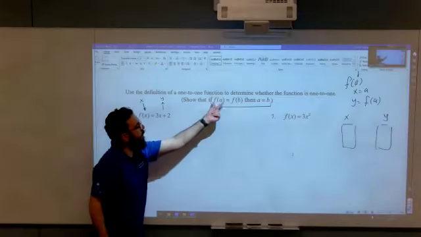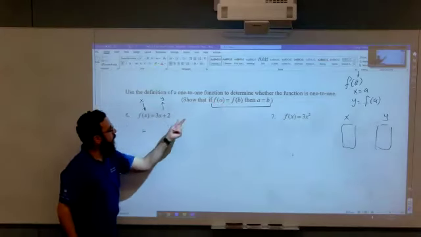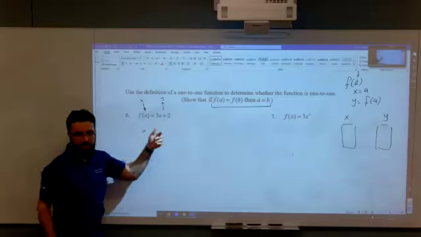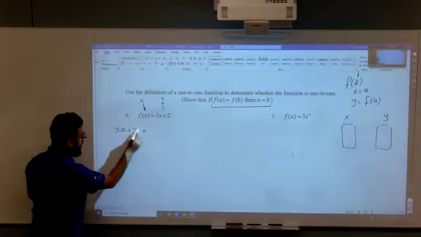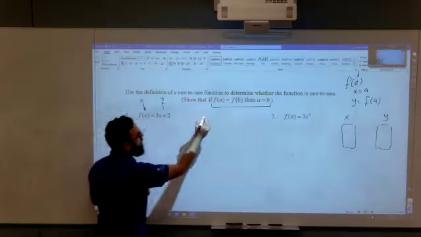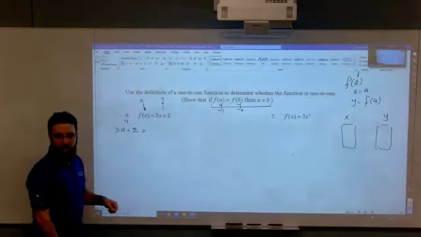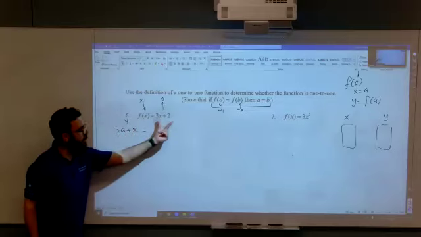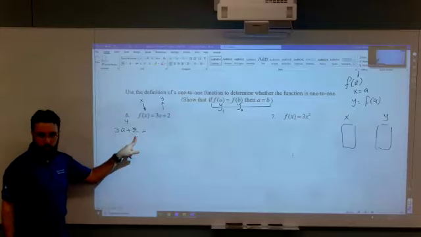If I'm telling you find f of A based on this function, which means find the Y for A, it looks like 3A plus 2. Y1 equal Y2. When I'm telling you A, how is the shape of Y when X is A? Like this, right? 3 times A plus 2.